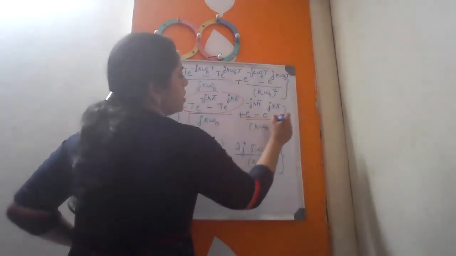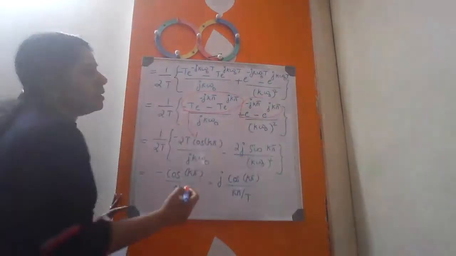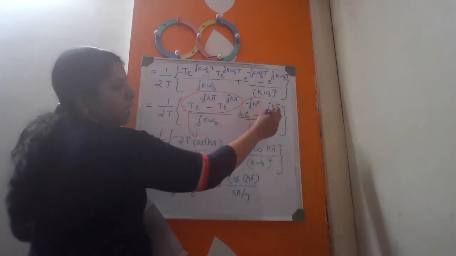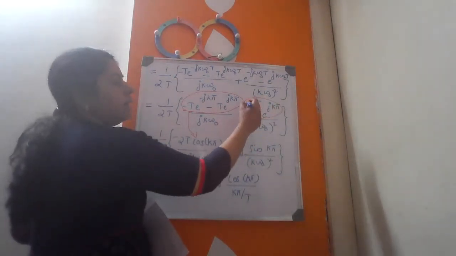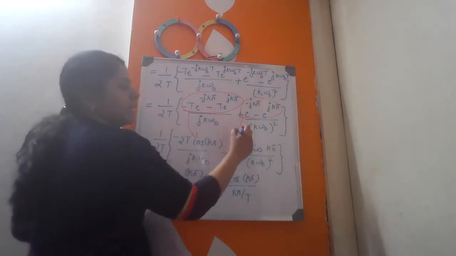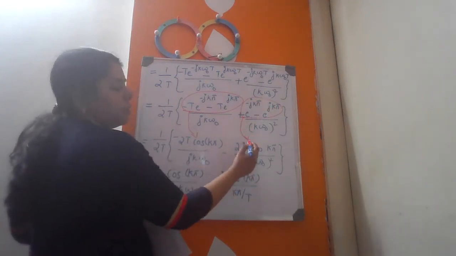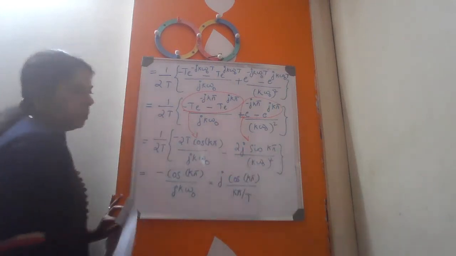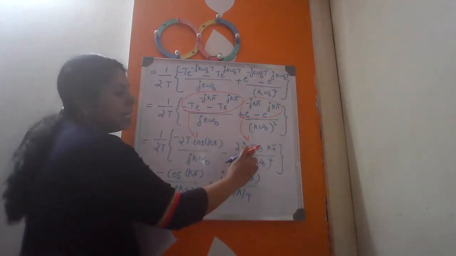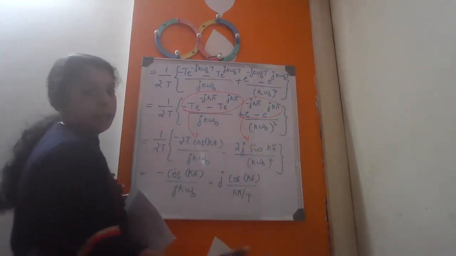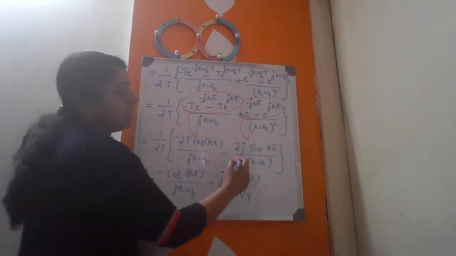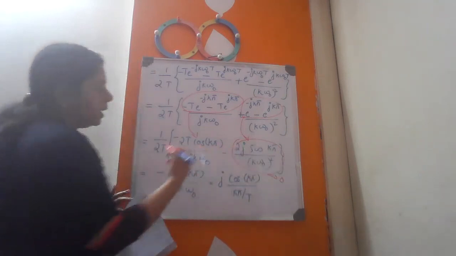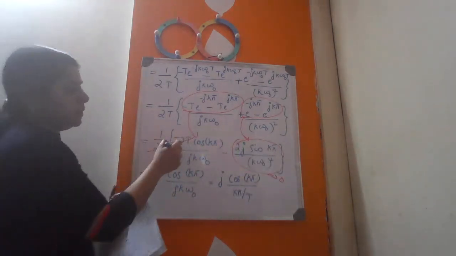Similarly, look at this term. If I take this minus outside, I will get e power j k pi minus e power minus j k pi. That is in the form of sine, so in order to represent it, one extra 2j will come. Here it is sine k pi, and sine k pi is 0. So this entire term will become 0, and these two things will get cancelled.